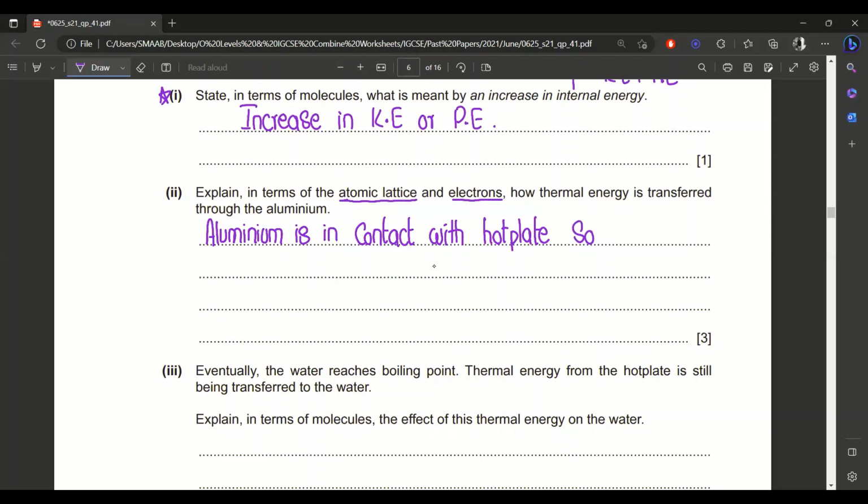So it will vibrate faster, and atoms transfer energy.